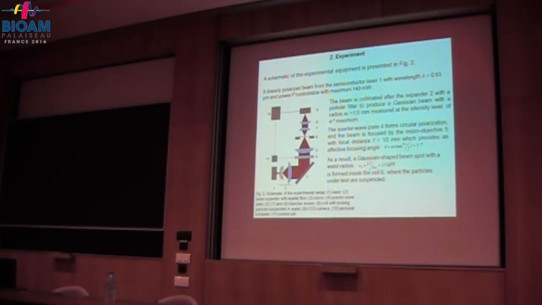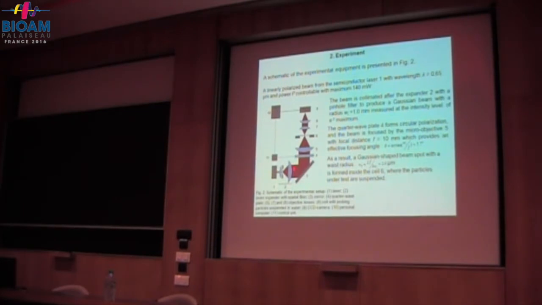Here you can see the optical scheme of the experimental setup, in which the linearly polarized beam from the semiconductor laser goes through a spatial filter with a pinhole to form a Gaussian type laser beam.